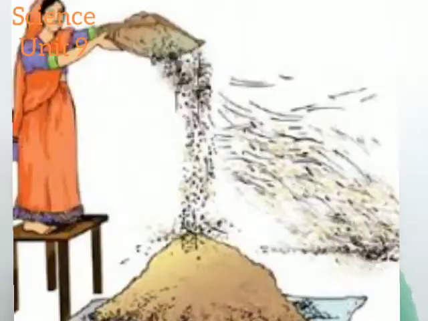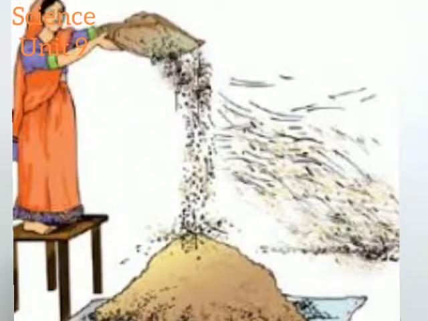So you can see from the picture that the woman is standing at a height and she is throwing the rice from a height, so that the husk, which is lightweight, will blow in the wind and only the rice particles will settle down.